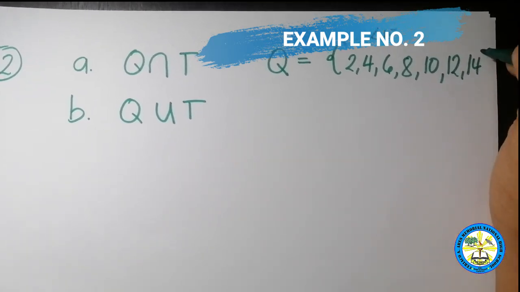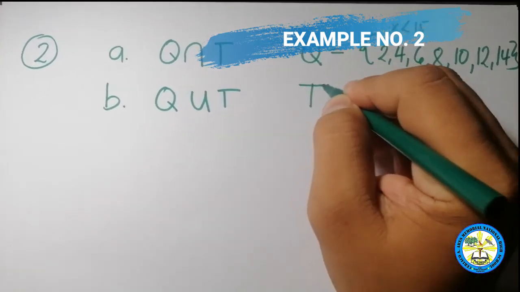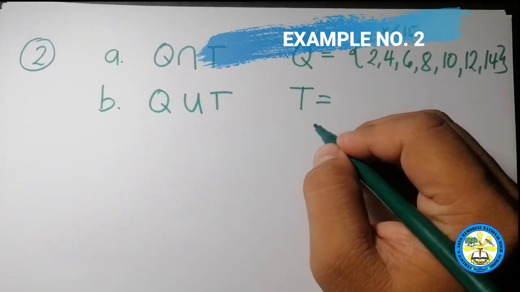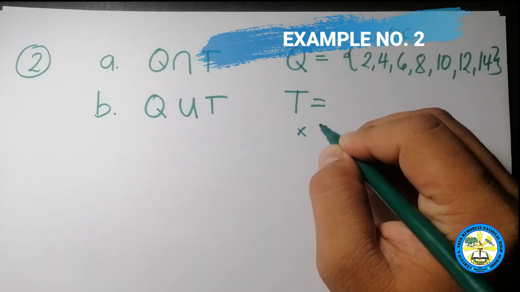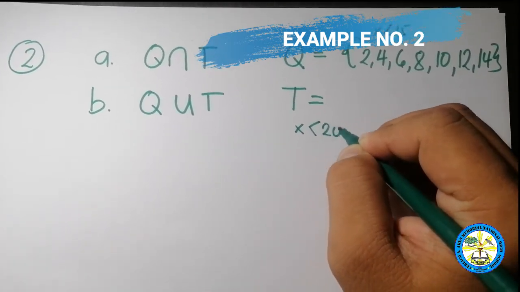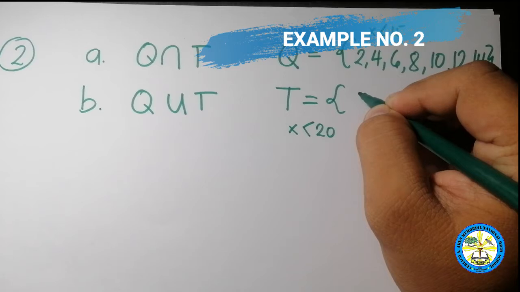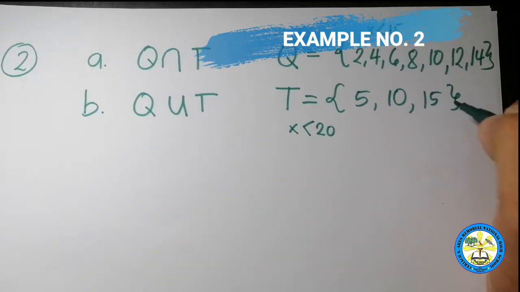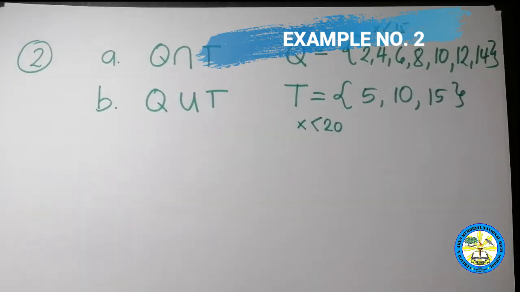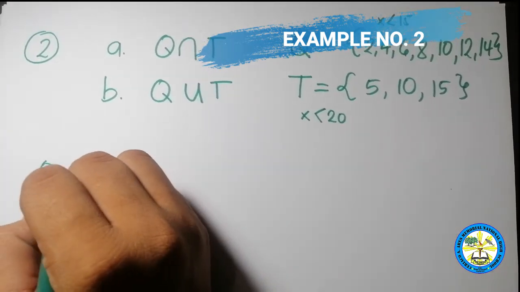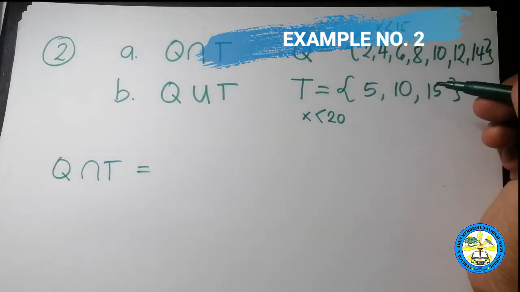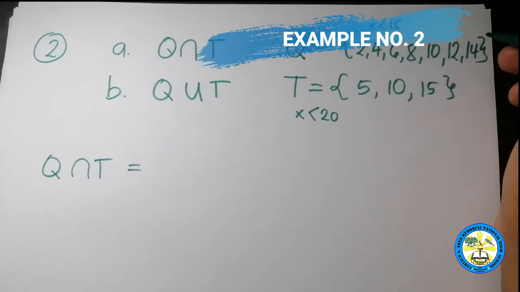For event T, these are numbers that are multiples of 5, but less than 20. So those are 5, 10, and 15. Now let's figure out the intersection of event Q and event T. The intersection will be the common element of these two events. So that is 10.